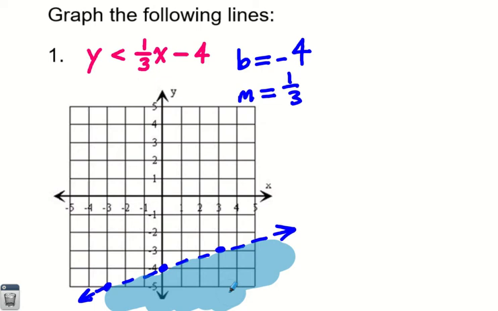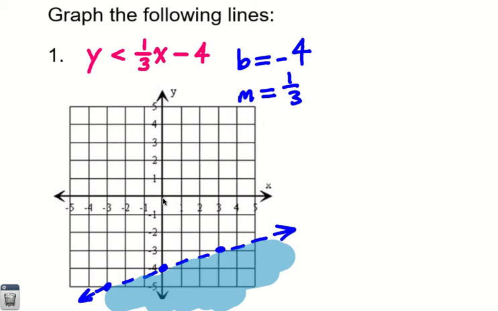Now, really quick, before I jump to the next example and the rest of the examples, probably most or all textbooks will tell you, to figure out which side to shade, which side has all the solutions, to pick a test point on either side.